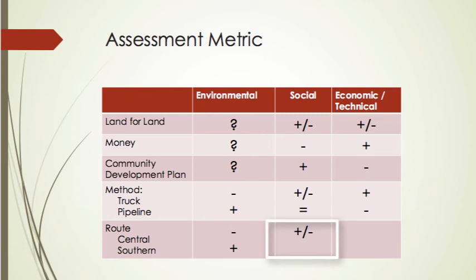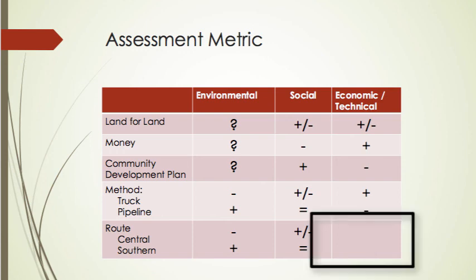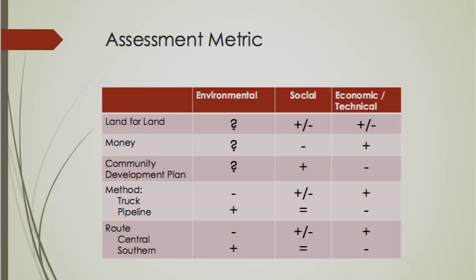So I put a plus and a minus beside the central with social impacts and an equal sign for neutral under the southern route. Which route would be cheaper? Let's look at this for upfront costs. Yes, the central route is probably cheaper, so I'll put a plus sign there and a minus on the southern route. So now we've worked our way through the assessment metric.